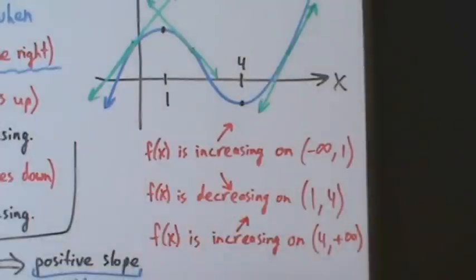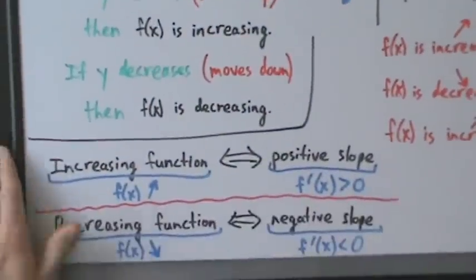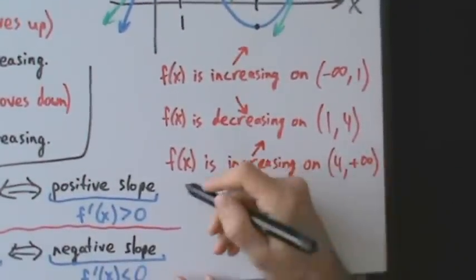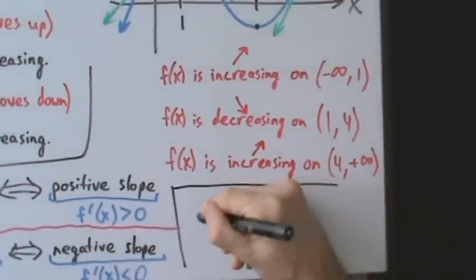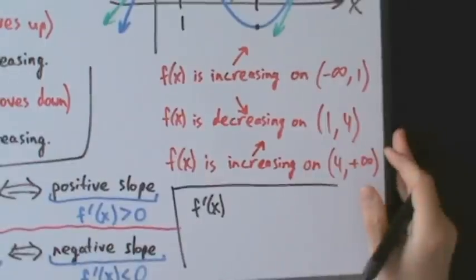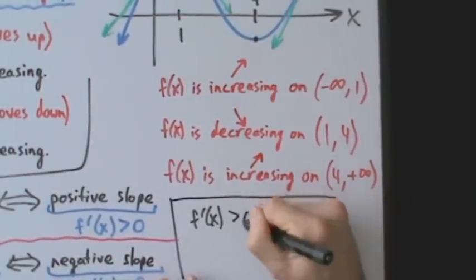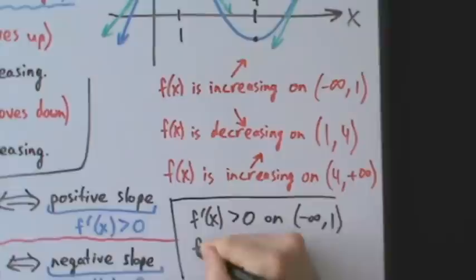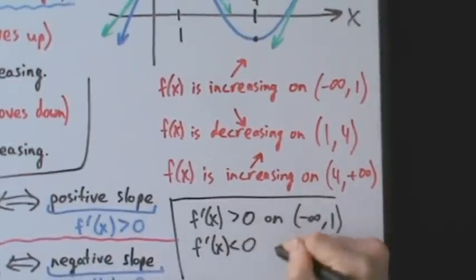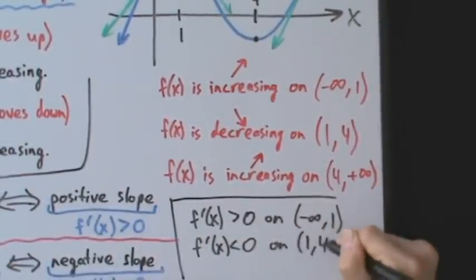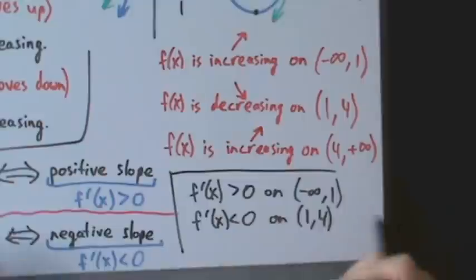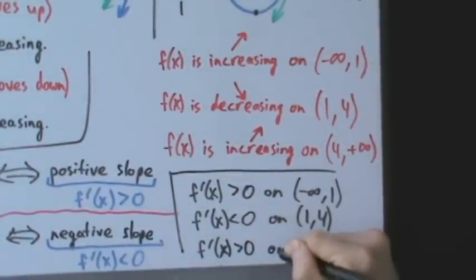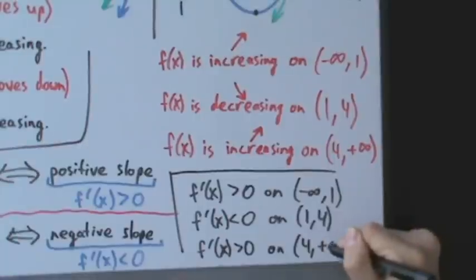So if we apply what we said over here to that, then for this picture, f prime of x is greater than 0 on negative infinity to 1, f prime of x is less than 0 on 1 to 4, and f prime of x is greater than 0 again on 4 to positive infinity.